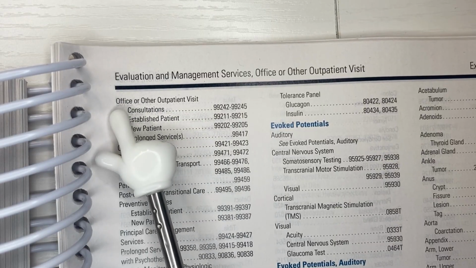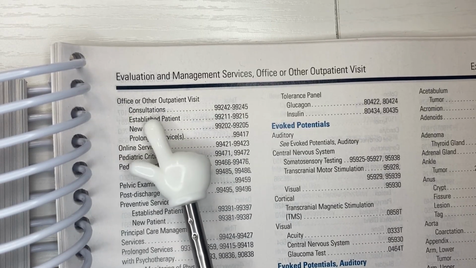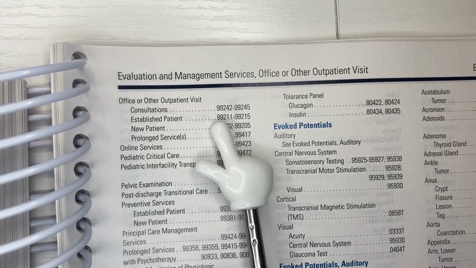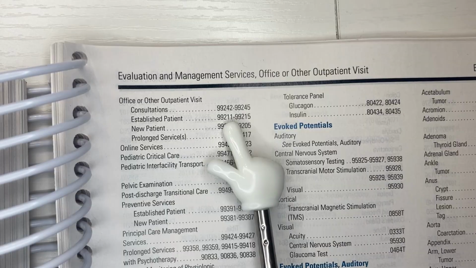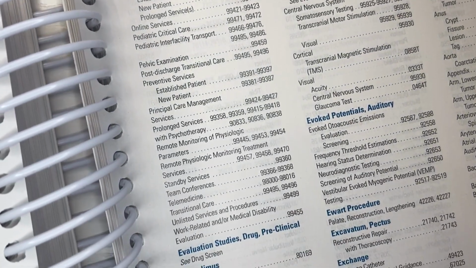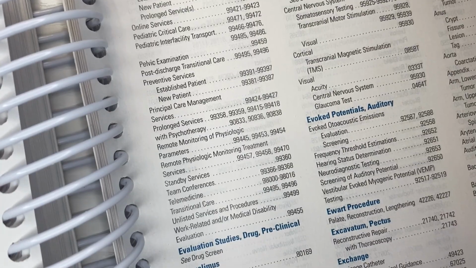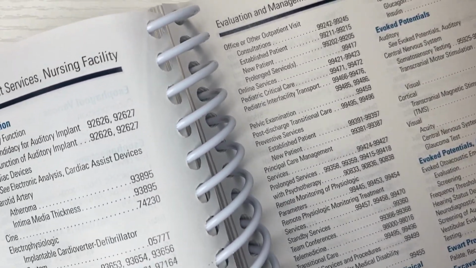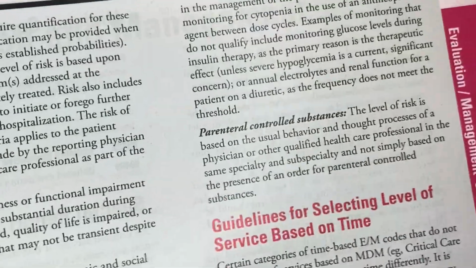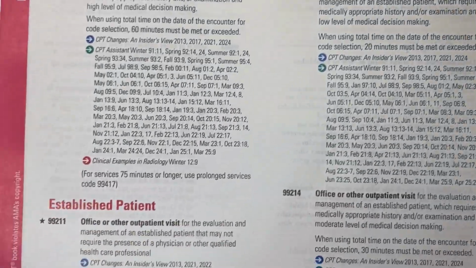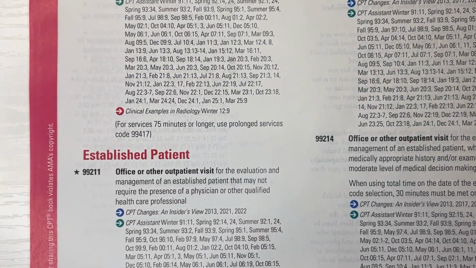And from office visit, we're going to go to established patient because based off our documentation, this patient is established. 99211 to 99215. We're going to take that to our tabular and to our E&M chapter, which is in the very first chapter of the book. And we're going to look for our established patient codes.